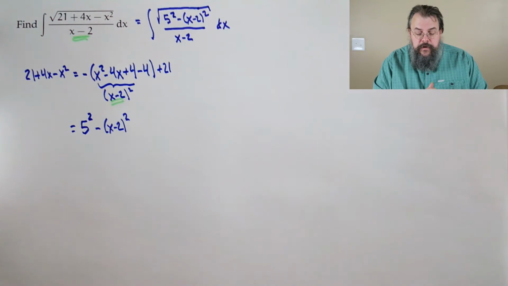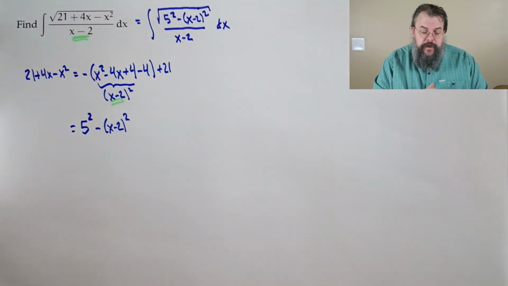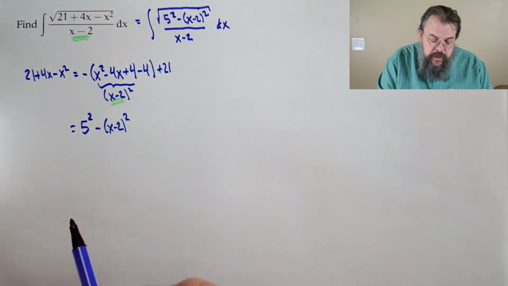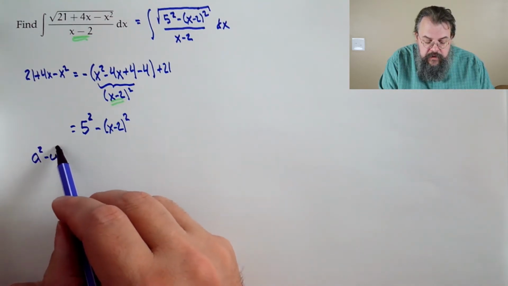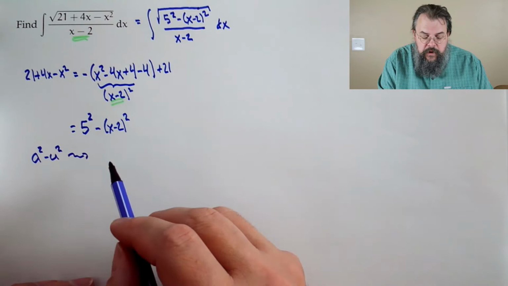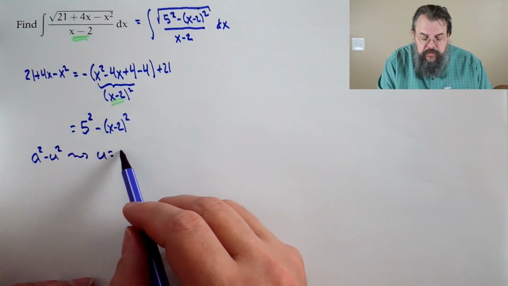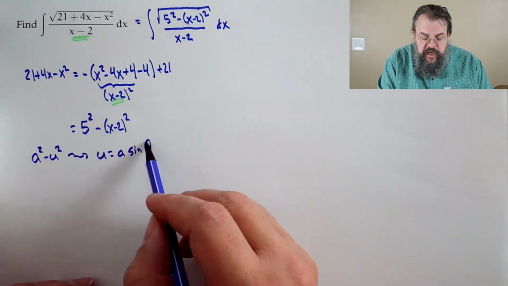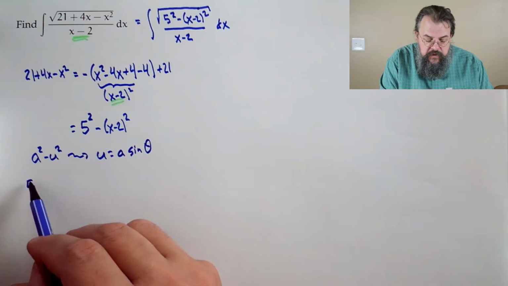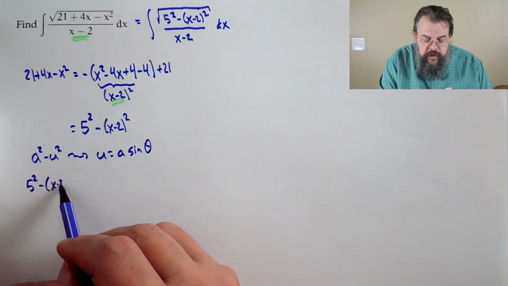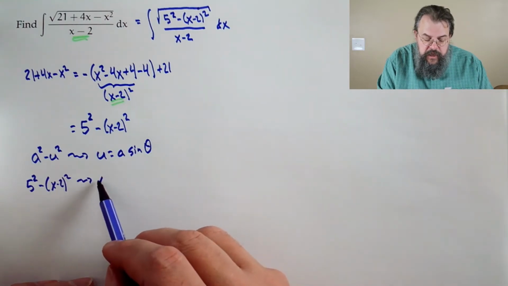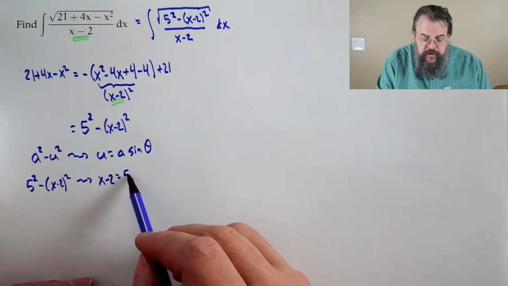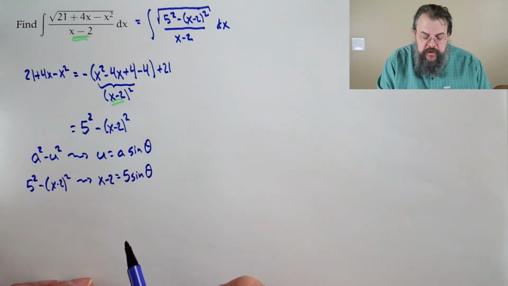All right, well, from here, where do we go? Well, we see it's of the form a squared minus u squared. So our substitution is going to be a sine theta. In our case, because it's 5 squared minus x minus 2 squared, that says we should make x minus 2 equal to 5 sine theta.